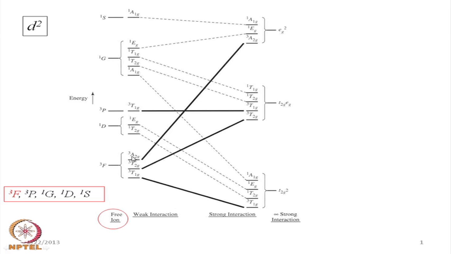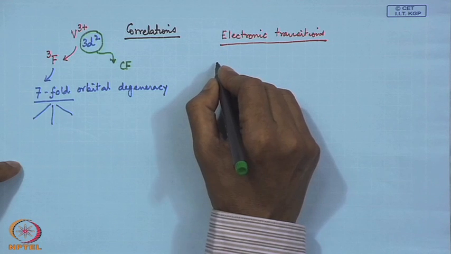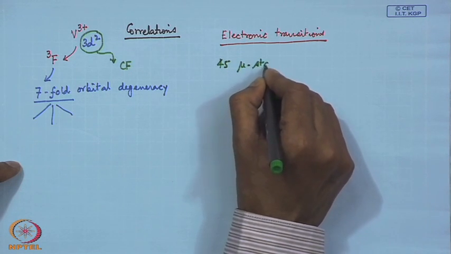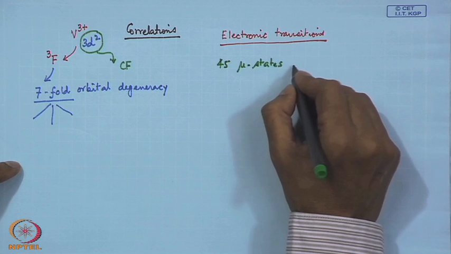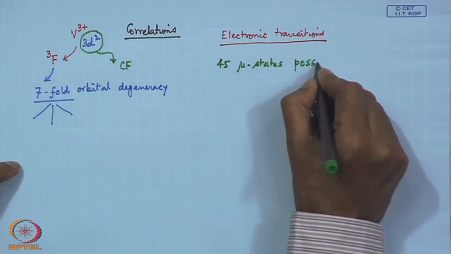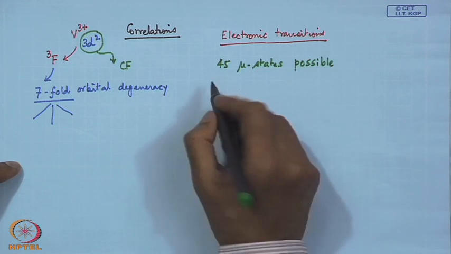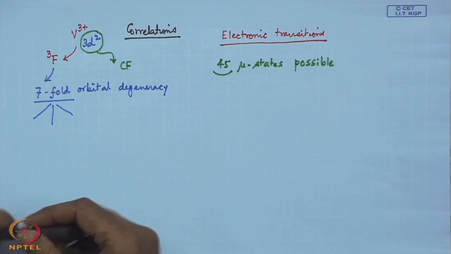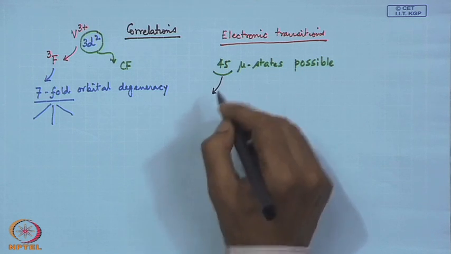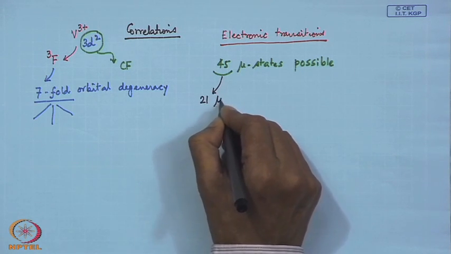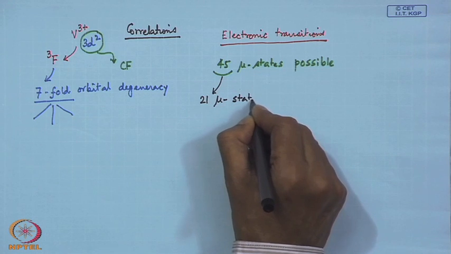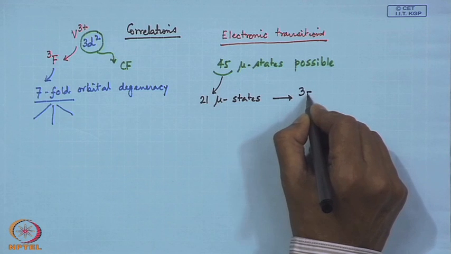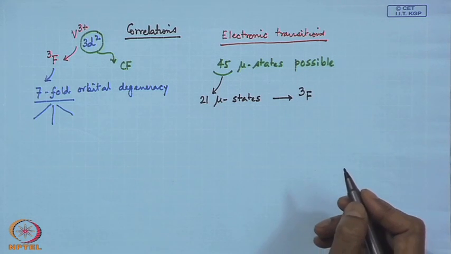We know that in this d2 configuration, 45 microstates are possible, and out of those 45 microstates, 21 microstates belong to the ground state term, that is the 3F term.